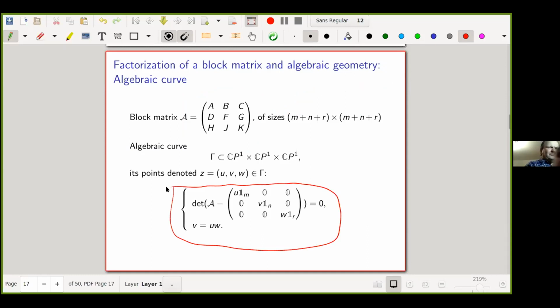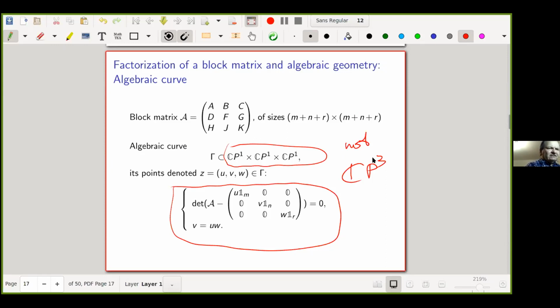And also, it is important that it lies, not for instance in CP3 or whatever, it lies exactly in the direct Cartesian product of three projective lines over complex numbers.